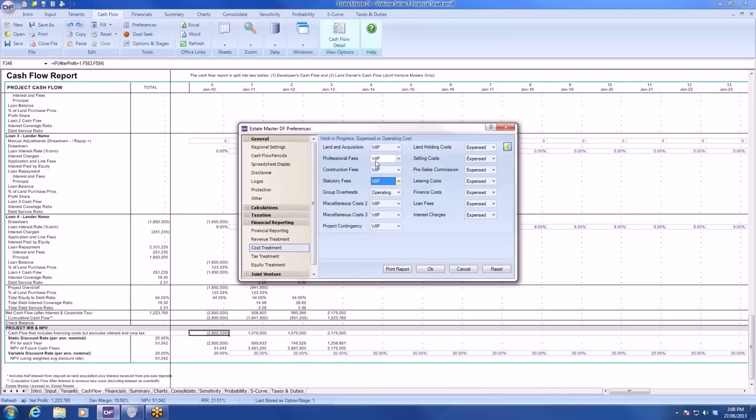The professional fees involved, the designing of the building or the designing of the master plan for the subdivision. The construction fees or subdivision fees would be there. The statutory fees, such as the developer charges, would be a work in progress. I've included in one of my miscellaneous headings group overheads.